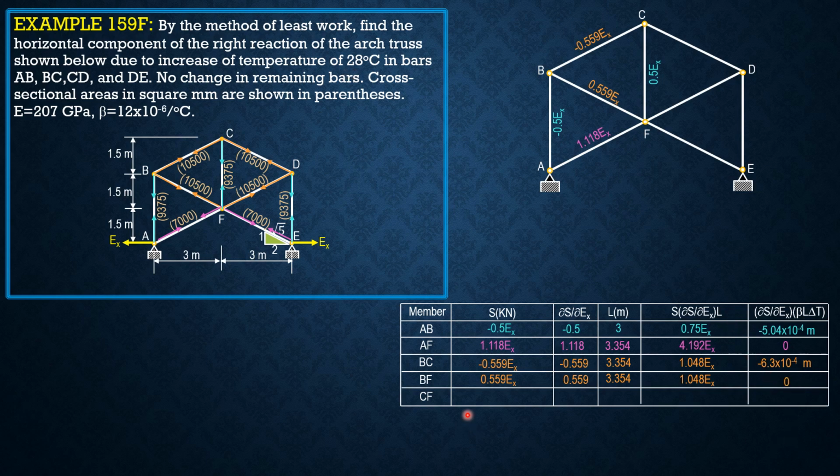And finally for CF, 0.5 EX, partial derivative 0.5, length is 3, then product, then 0 because it has no contribution to temperature change. Therefore, the sum of this last column is equal to negative 1.134 times 10 to the negative 3.